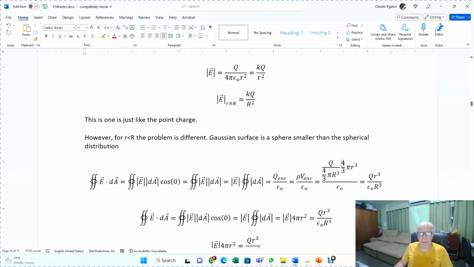And the volume enclosed by the surface of the sphere is going to be given by 4/3 of pi lowercase r cubed.